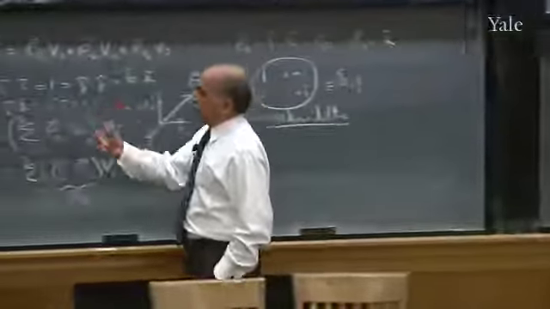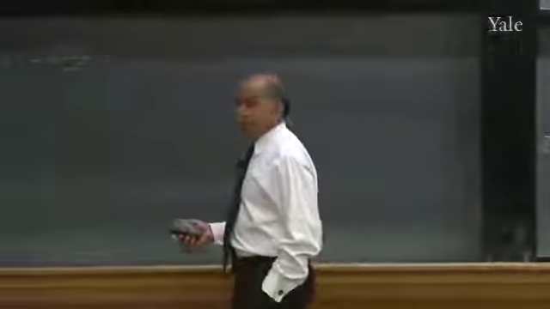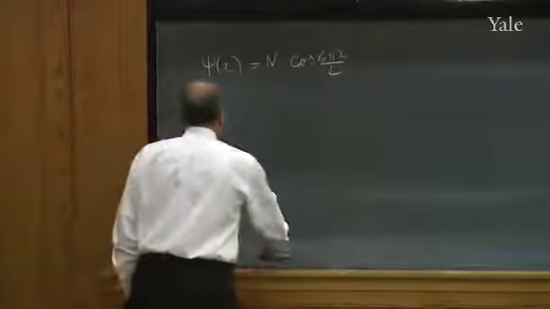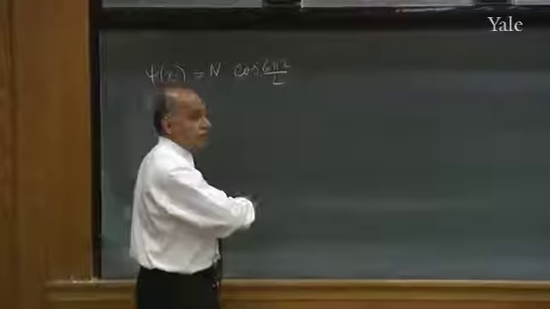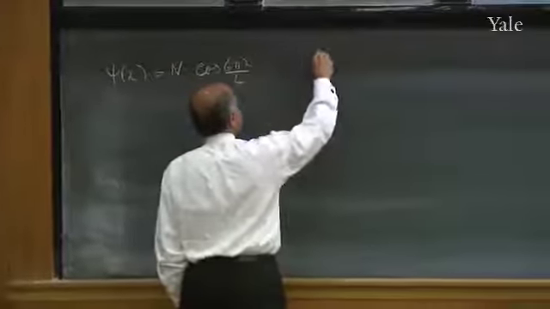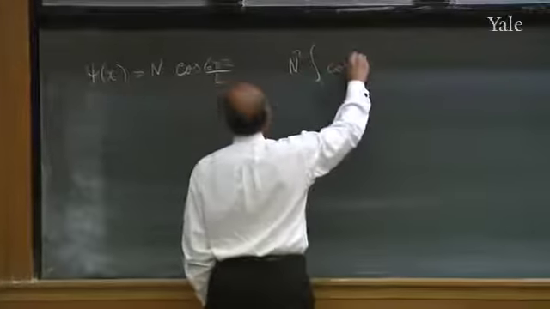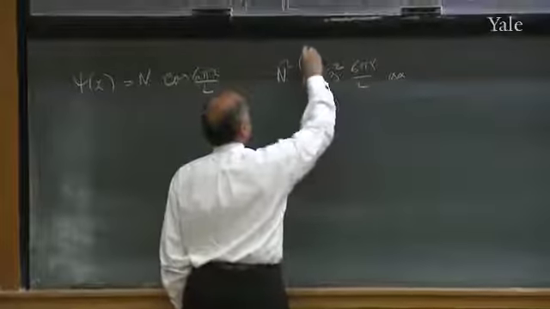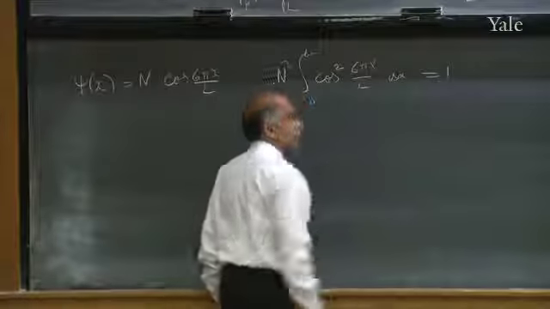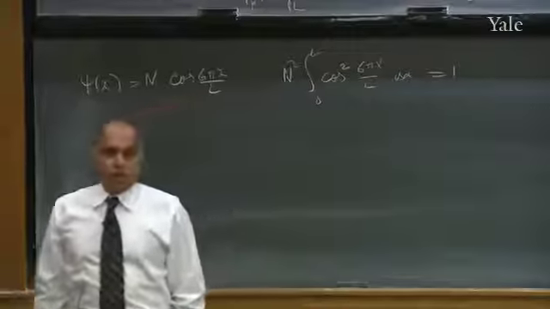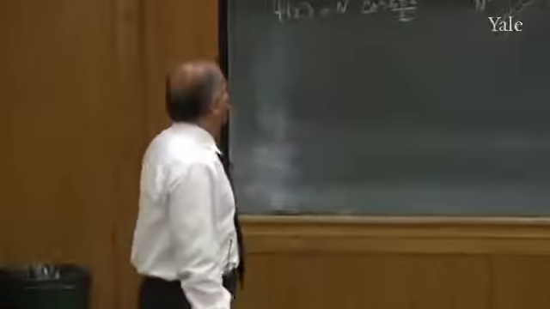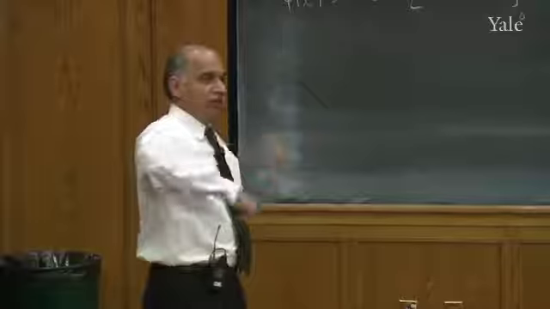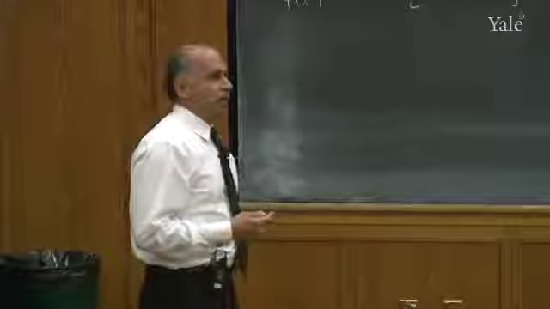All right, so let's go to this problem. So the first job is normalize your psi. So how to normalize this function? I'm going to demand that if you square psi and you integrate it, so I say n squared times the integral of cosine squared 6 pi x over L dx from 0 to L should be 1. Now, you don't have to look up the table of integrals because when you take a cosine squared or a sine squared over any number of full cycles, the average value is a half.